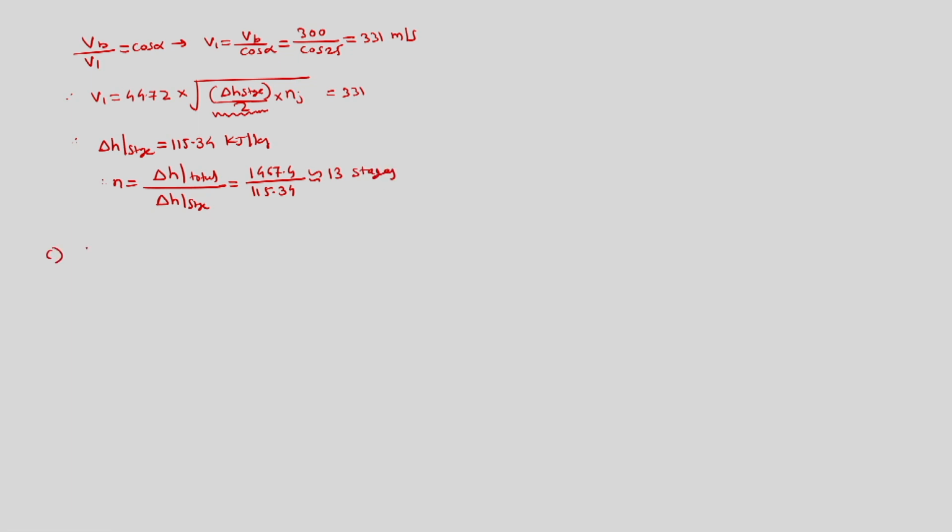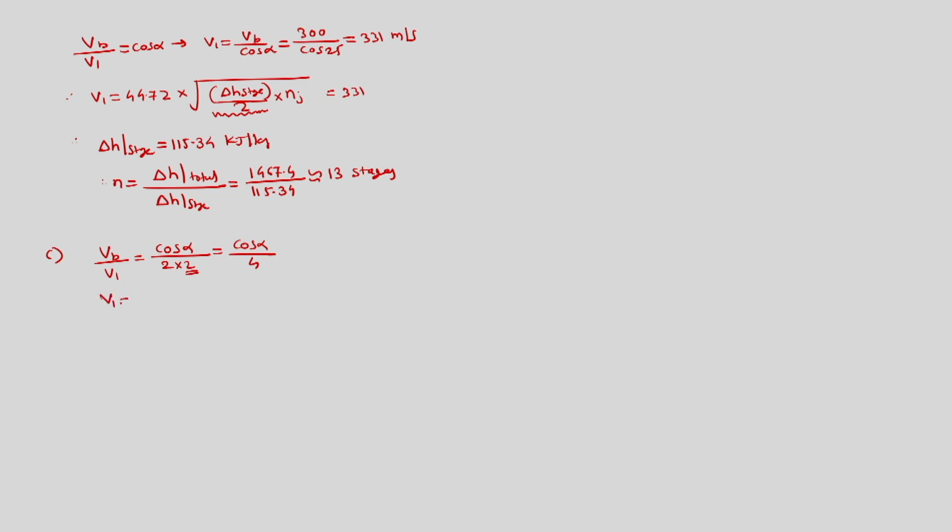Now we will see a 2-stage Curtis followed by impulse. For a 2-stage Curtis, in the case of optimum, we know Vb upon V1 is equal to cos alpha by 2 into 2, so this is basically cos alpha by 4.